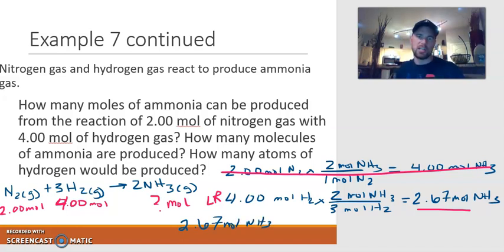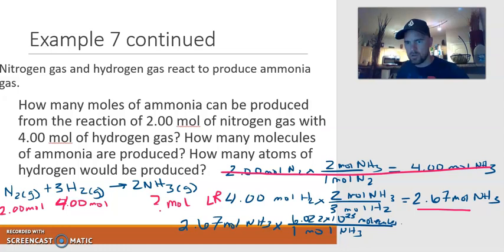This would be your third step of stoichiometry, convert to the desired unit. It wants you to represent it in molecules. And so for every 1 mole of anything, in this case NH3, it's going to contain 6.022 times 10 to the 23rd molecules.